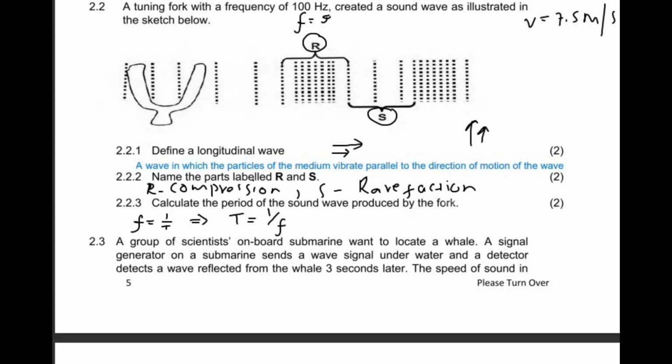That's why we say it's an inverse. It means that the period is inversely proportional to the frequency. If one increases, the other decreases. So T equals 1 divided by 100. How many hundreds are in 1? That will be 0.01. Let me double check.